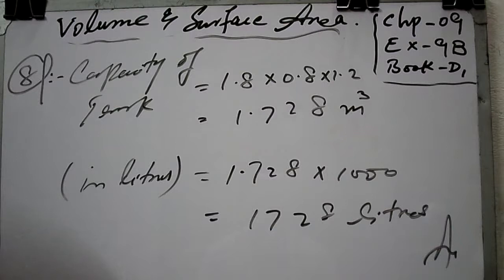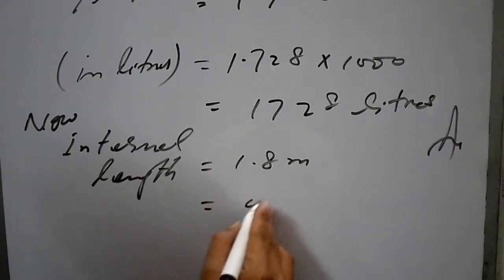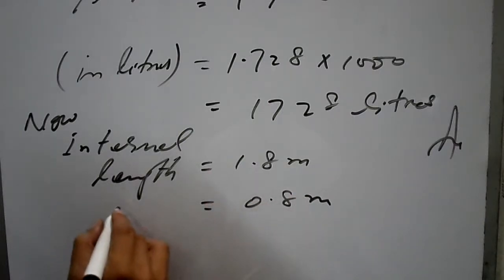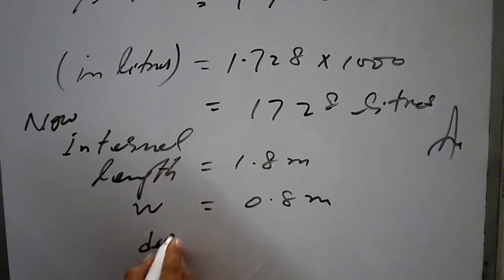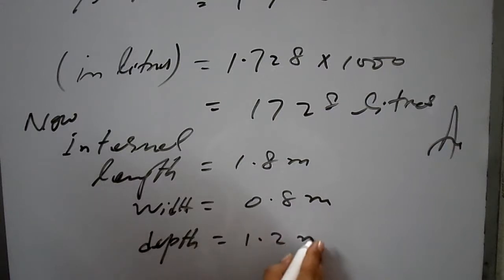Now, further in this question: if the concrete is 0.1 meter thick, find also in cubic meters the volume of the concrete used. Due to this other part of the question, the internal length is equal to 1.8 meter, width is 0.8 meter, and depth is 1.2 meter.